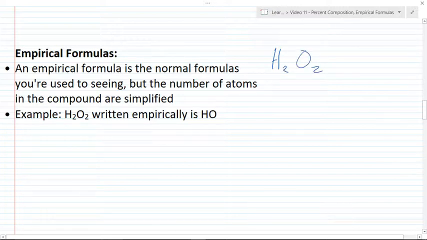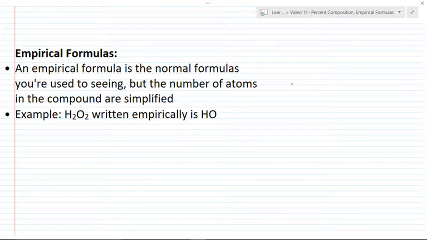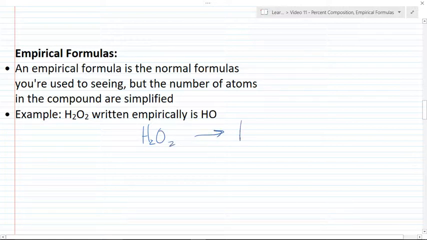So here H2O2 written empirically is HO. You only want to worry about empirical formulas when you're doing problems that explicitly deal with it. An example would be, let's say you were given a reaction like this.